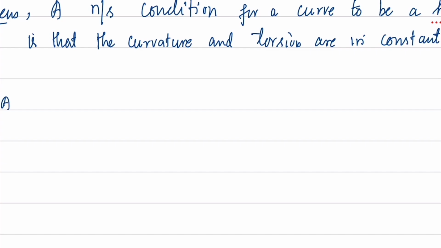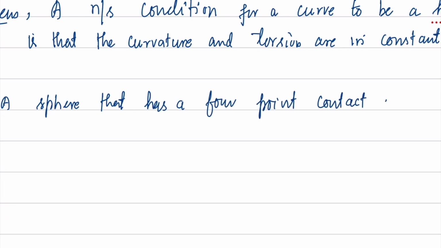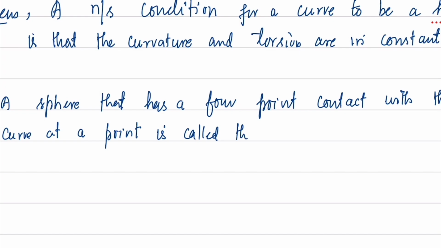Now let's take up one definition, that is the spherical curvature. A sphere that has a 4-point contact with the curve at a point is called the osculating sphere, also known as the sphere of curvature.